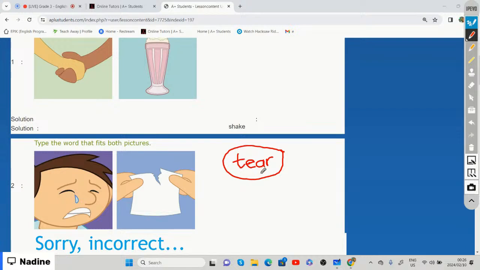So do we understand now when it comes to homographs, right? Homographs is where the words are spelled the same, the meaning is different, as well as sometimes you'll find the sound of the word to be different.